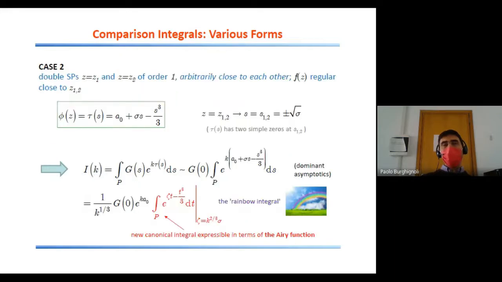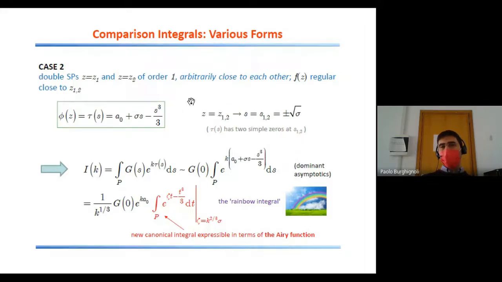However, it may occur a second case in which you have two saddle points at z1 and z2, both simple, and those saddle points are arbitrarily close to each other. And function f is again regular in a neighborhood of both saddle points. Now, if you are in a situation like this, your mapping should be such that you recover a pair of saddles in the S-plane.